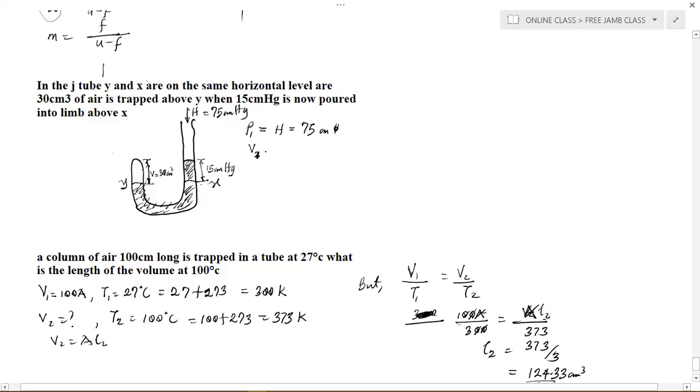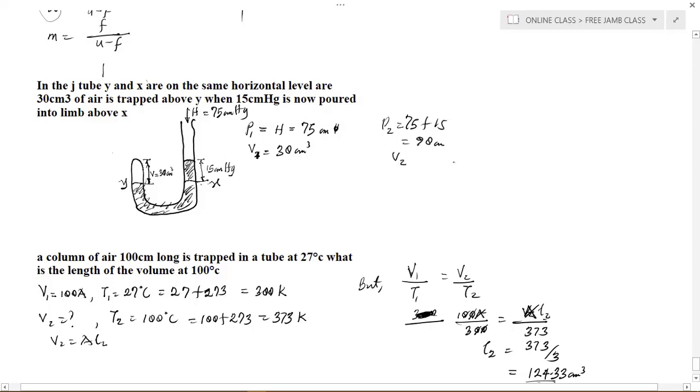V1 here is 30 cubic centimeter. In the P2, this thing has increased by small letter h. At that point, you increase it by 75, you add 15 there, and that will give you 90 centimeter.